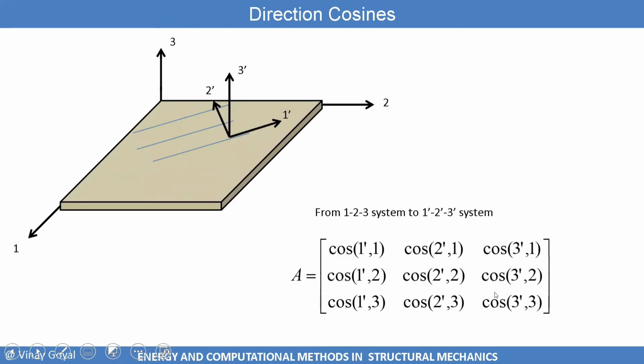So let's say I have a plate and the composite material has fibers oriented this way, and there's a single laminate. You can calculate the direction cosines as the angle between the 1 prime and 1, the 2 prime and 1, and so forth.